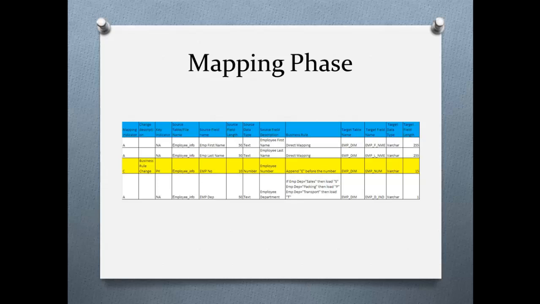And next is the mapping phase. As I said earlier in the introduction, this is like a bridge that conveys the information between the project planning or design phase and the code development.